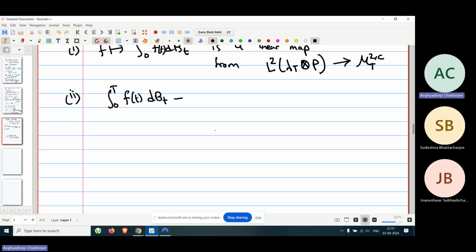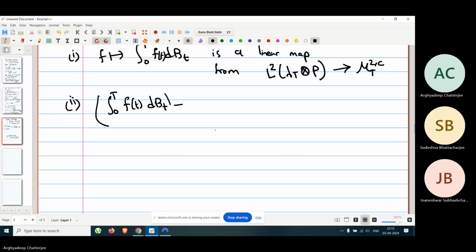So the second property is that this integral of f of t dB_t is a martingale.